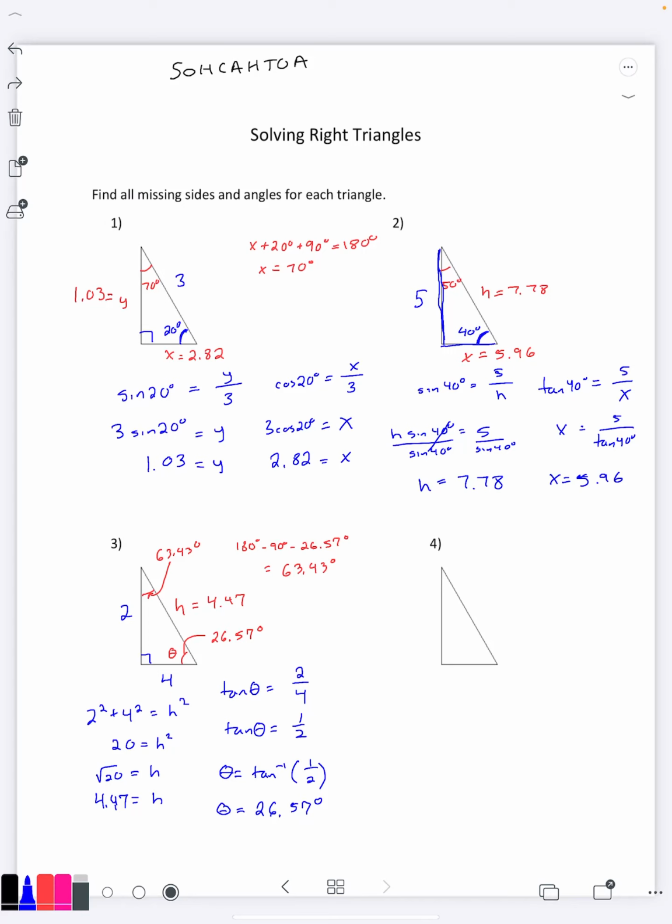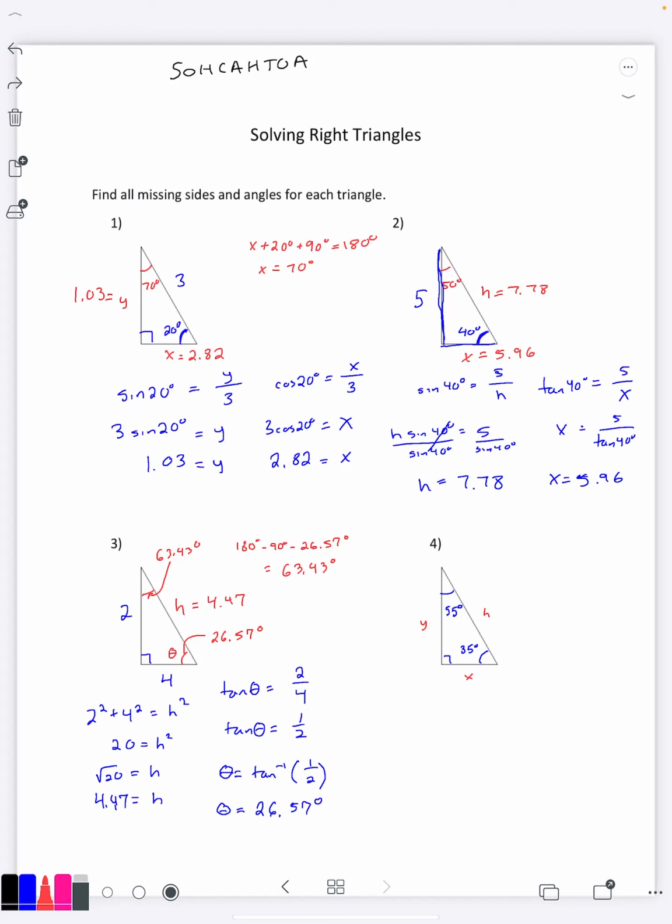Now this last example I'm going to give you, I'm going to tell you that one of the angles is 35 degrees and the other angle is 55 degrees. And I'm going to ask you to find the sides here. The problem is you have three sides that are unknown, x, y, and h.